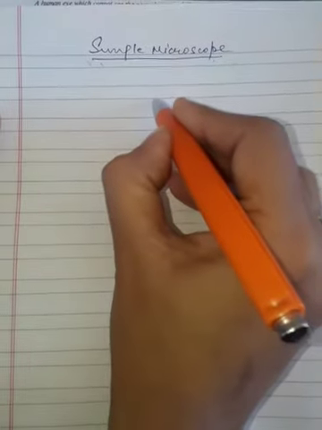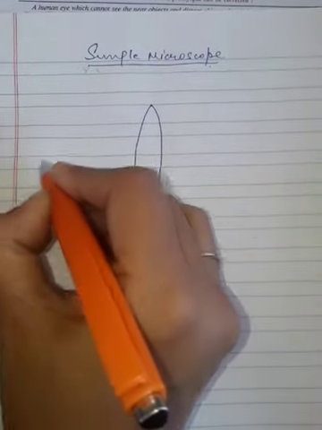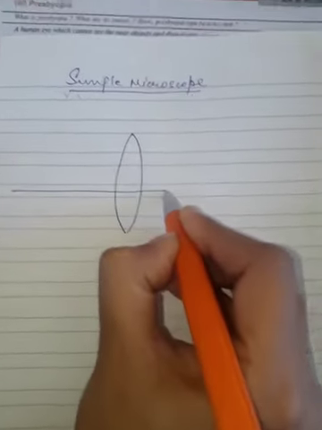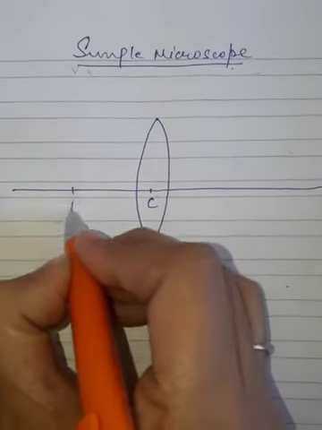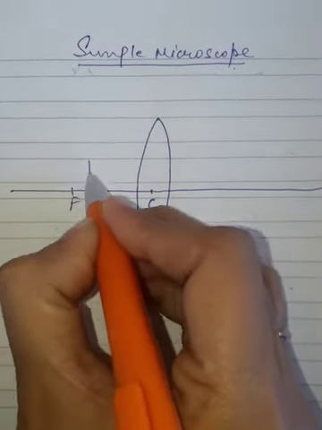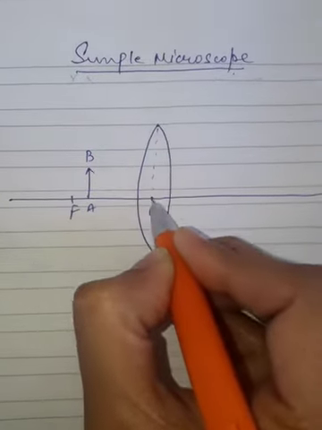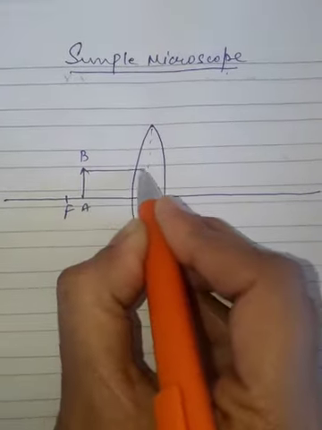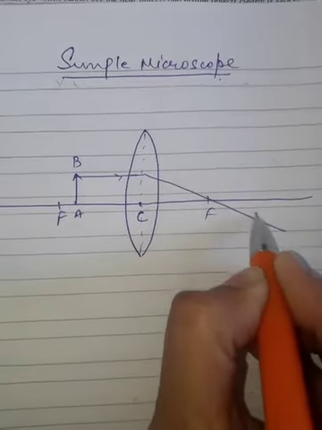Now I'll tell you how to make a diagram for a simple microscope. Now take a convex lens. This is a principal axis, optical center, focus. Take an object AB. Any ray parallel to the principal axis will pass from the focus.